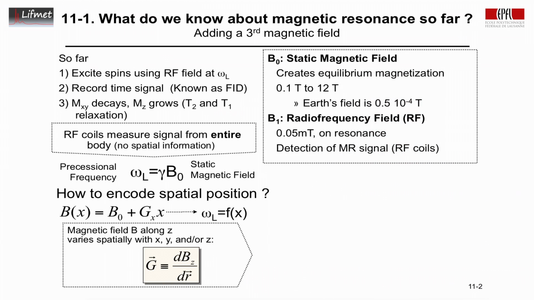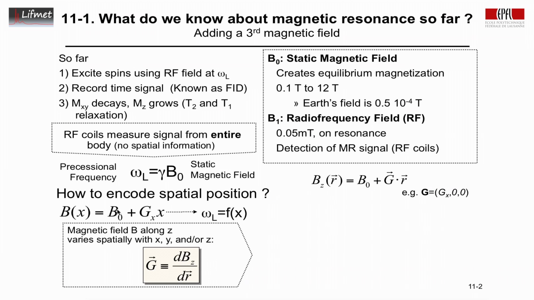So, in general terms, the magnetic field as a function of position is given by the static field, B0, plus this linear term, a scalar product of G times R. This is, in all generality, the description of the magnetic field now.